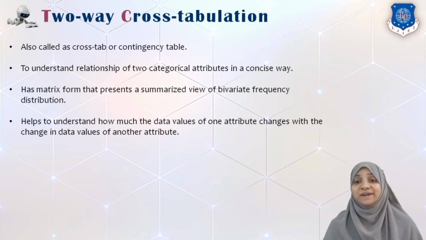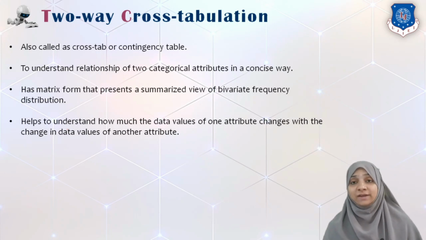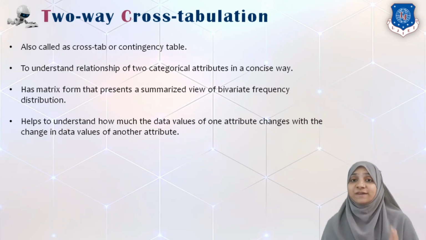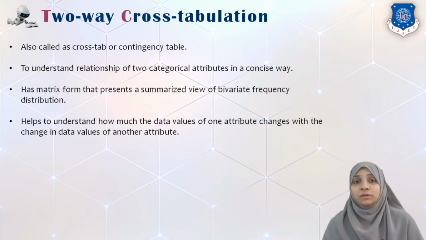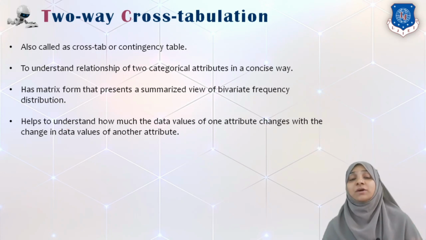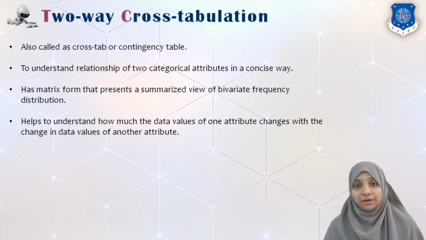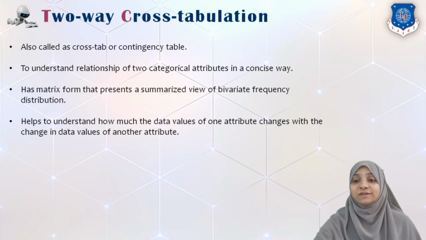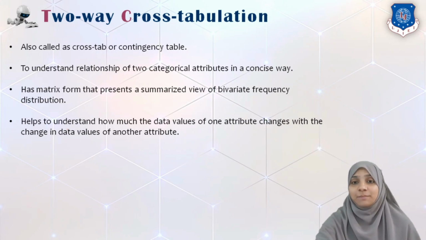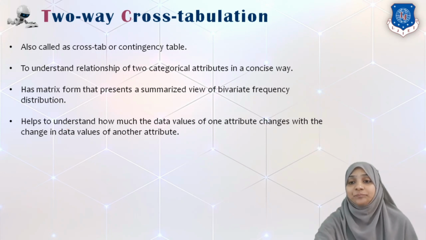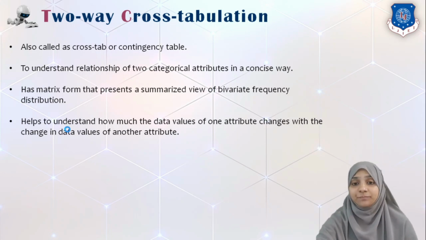In order to find the relationship between two categories or two attributes in a concise way, we prepare a matrix form which has some rows and some columns. The number of columns are values of one attribute, and the number of rows are values of another attribute. Let us understand this cross tab, or simply contingency table, with the help of an example.